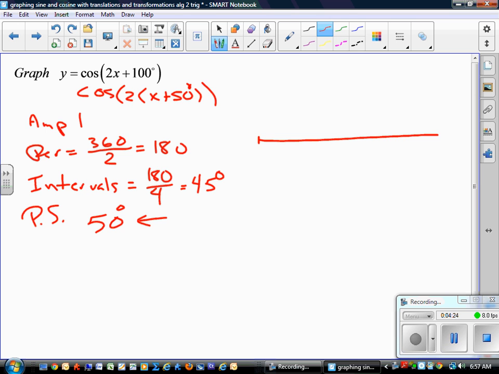So once again, set up an axis starting at 50 degrees of the negative type, and I'm going to add 45 degrees to that. That puts me at -5, positive 40, 95, and add 45 to that, 140. And once again, you look, and I should be at a total of 180, which I'm not, so I added wrong.